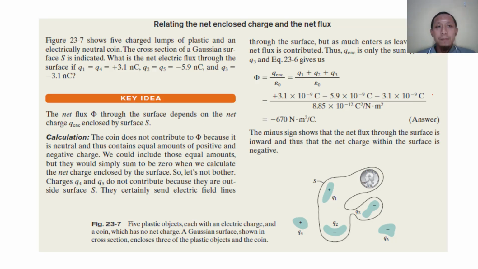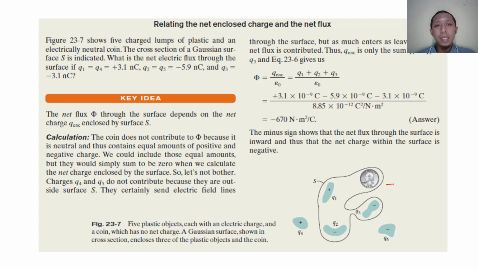Okay. So we have another problem here, figure 23.7. Five charged lumps of plastic and an electrically neutral coin. This is the electrically neutral coin. The cross section of the Gaussian surface S is indicated.